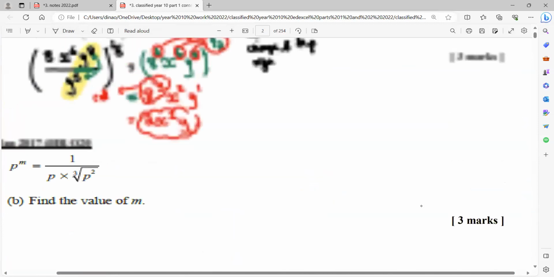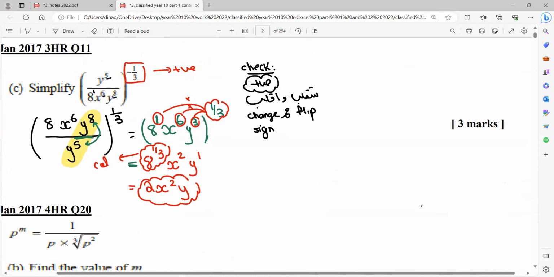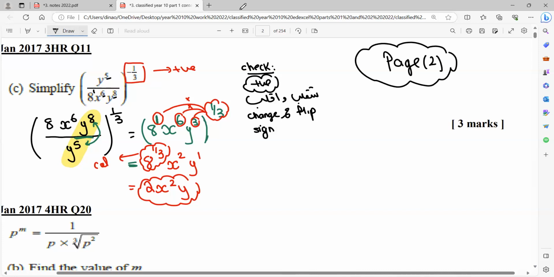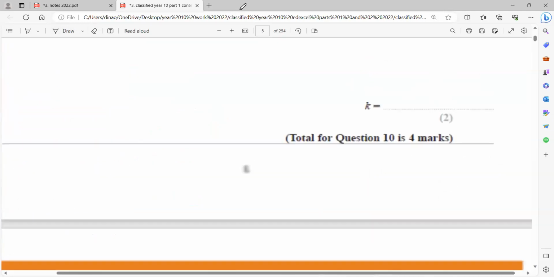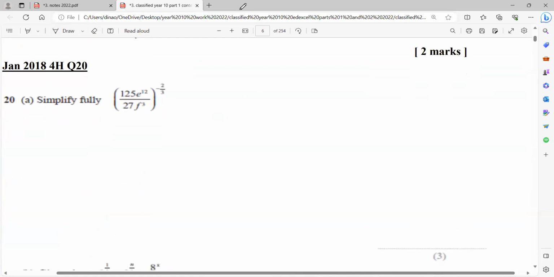So this is this one over here. I did not mention the page. So this as well, we are in the same classified, which is classified number 1. This is page 2. Classified number 1. This is page number 2. Now the last question that we are going to do together is this one. Let me find it. This is page 6.